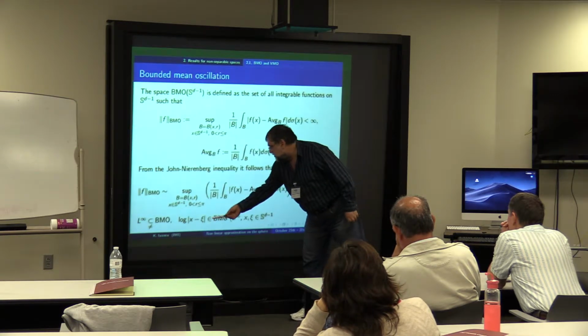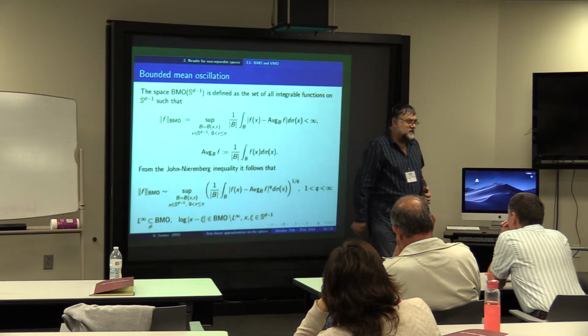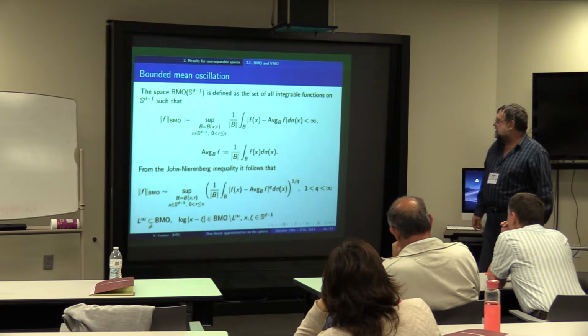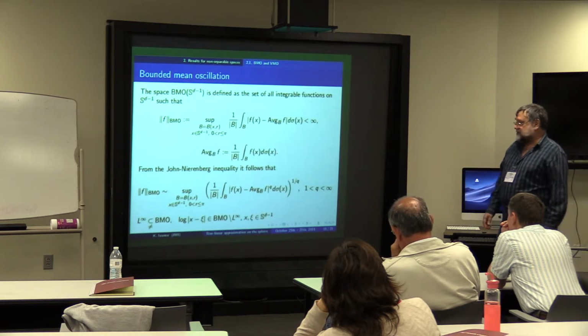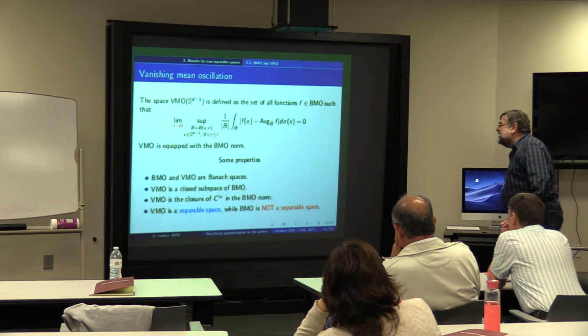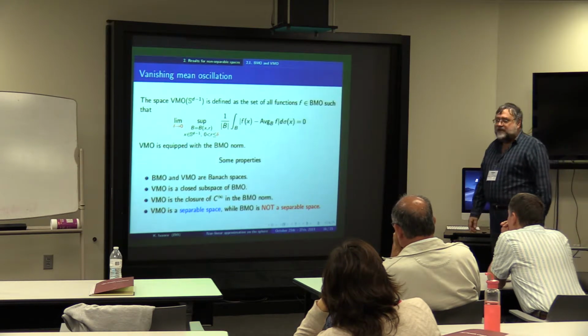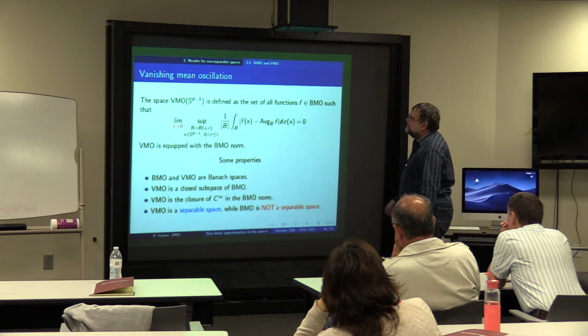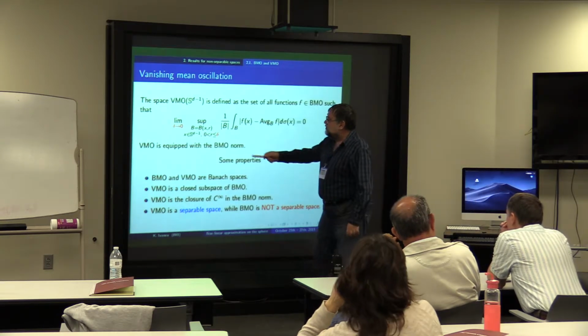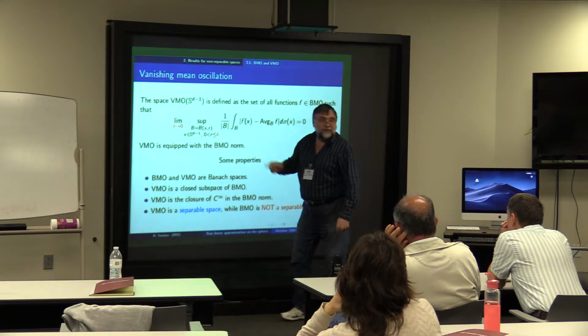This function belongs to BMO, but it is obviously not in L infinity. So this is the typical example. So we have a lot more functions than in L infinity. VMO, vanishing mean oscillation, is the same as BMO with this difference in the red here.